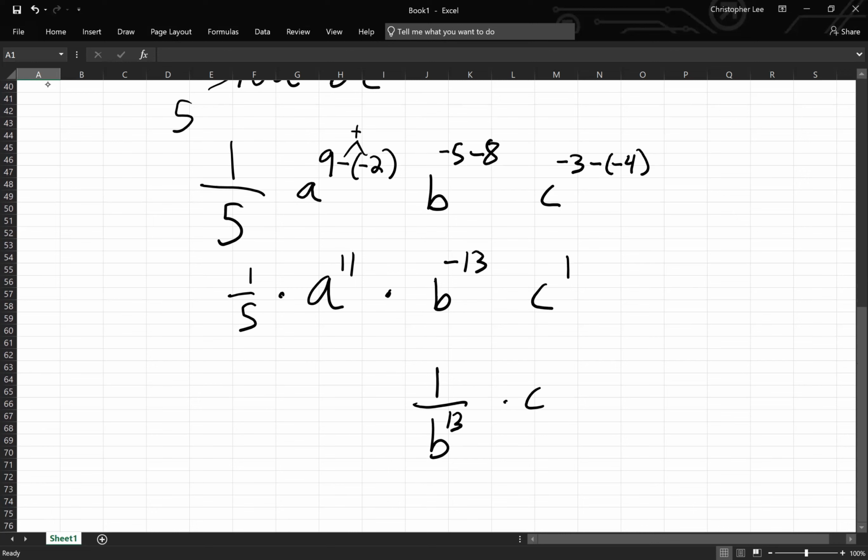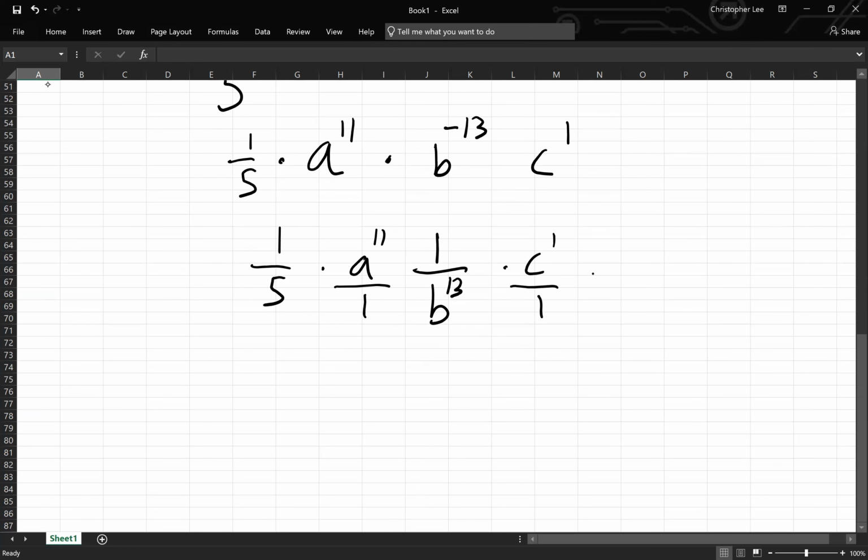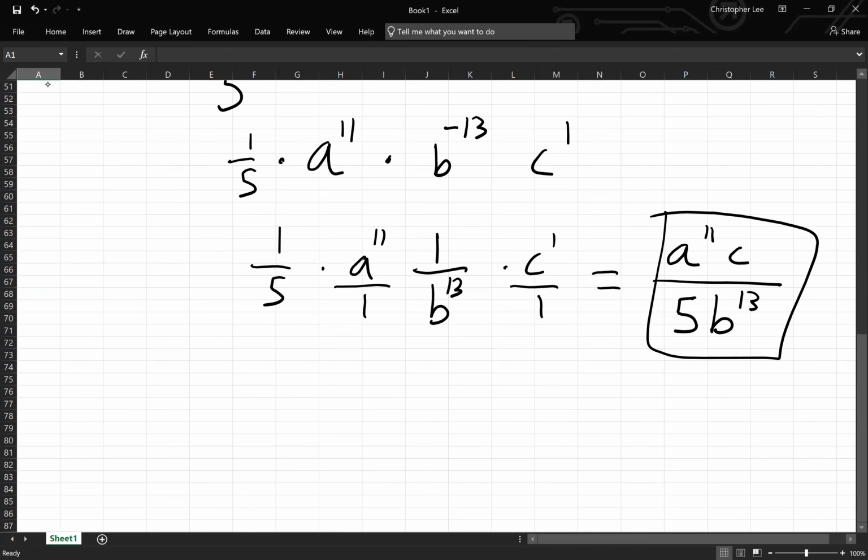Then we have the c to the 1, and the a to the 11, and the 1 over 5. Let's put this all together. Remember that these are over 1. Putting it all together, I should have what? A to the 11, c over 5, b to the 13 power. So this would be my final answer right here.